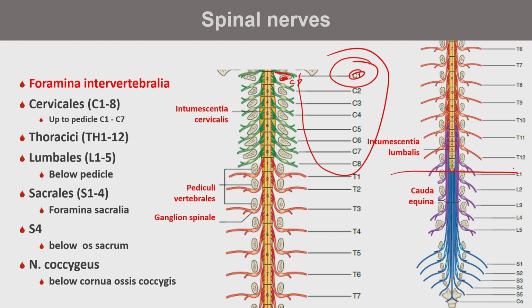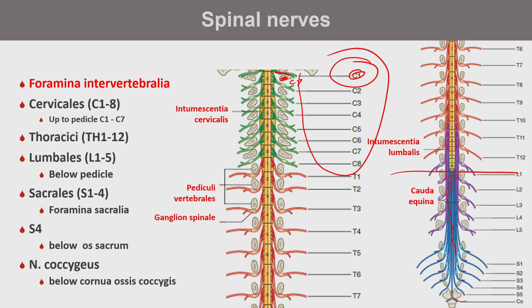So then we know also that in the sacral and lumbar region we have no spinal cord, only roots. The last nerve, which is called the coccygeal nerve, contains CO or CO12 in Germany.